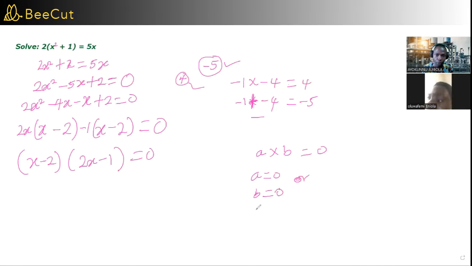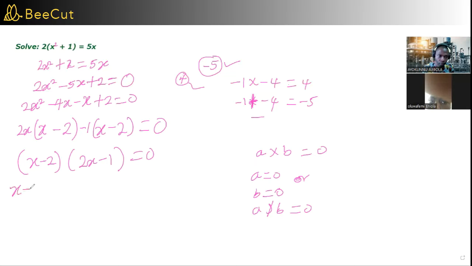Yes, sir. Or a and b are both 0. So we now say the first equals 0 or the second equals 0.